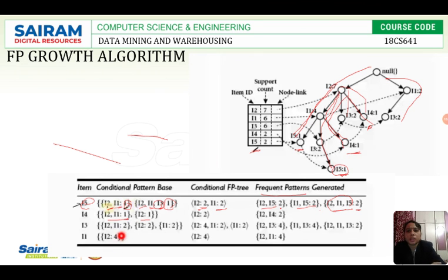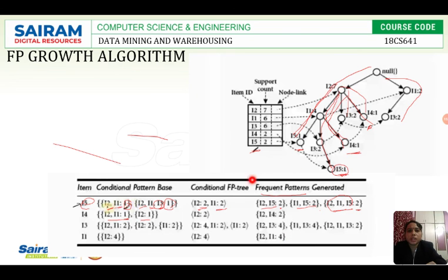So I am writing instead of I1 here 4. Clear? Then so I2 4, the same thing, because how many ever times it is repeated, I am writing here 4, and I2, I1, I4. So what is the item here? I1. So I am writing it as I1 and I am finishing this.